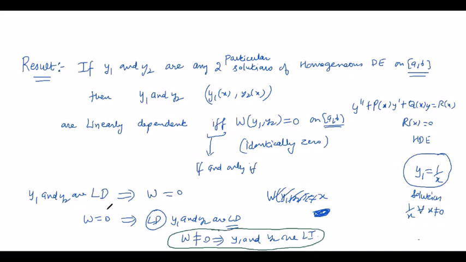If it is 0, then they are linearly dependent. Just remember this. For the time being, forget the word identically 0, because if you're getting confused on that, just forget it. Wherever it is used in some particular question, I will explain there. In general, just remember it like this and you will be able to do the questions. 0 means LD, non-zero means LI.